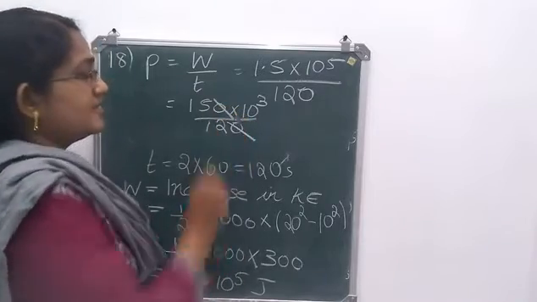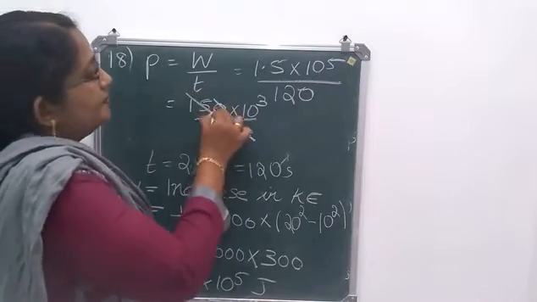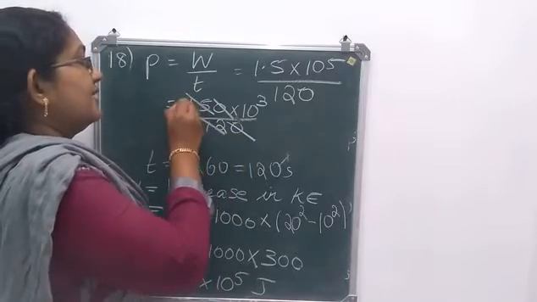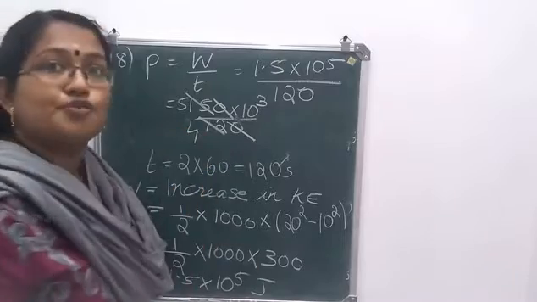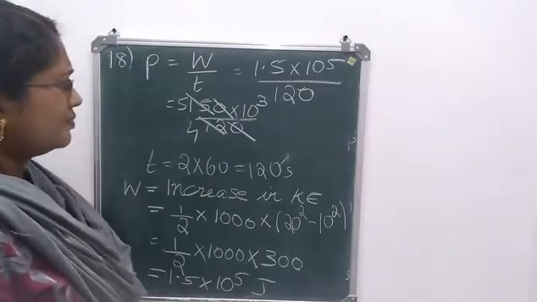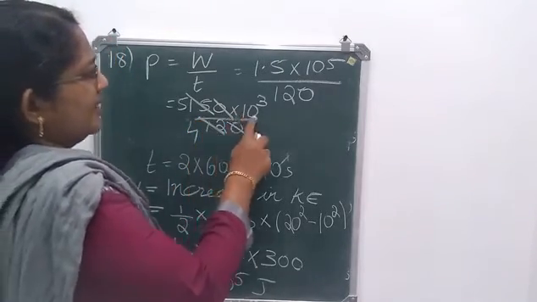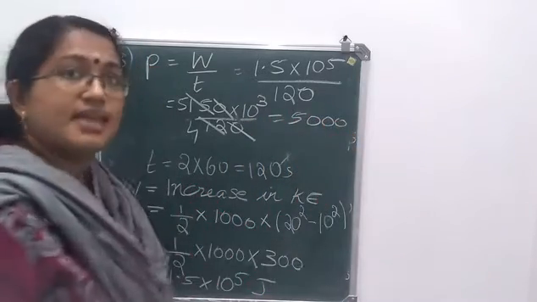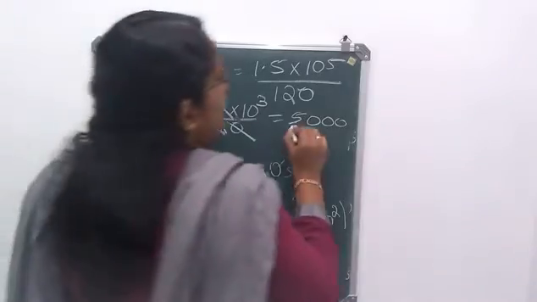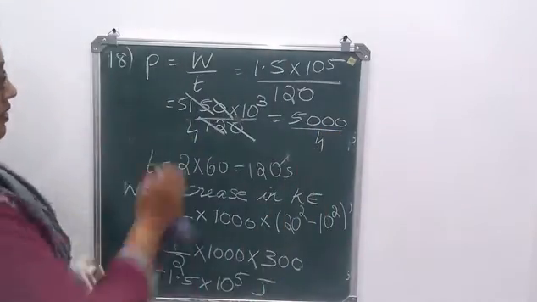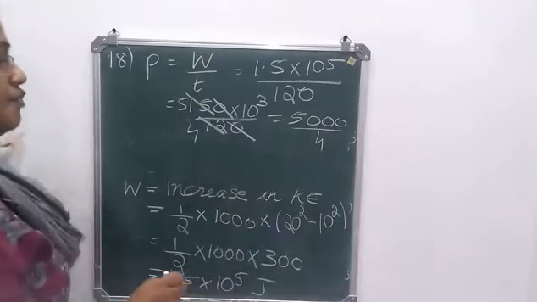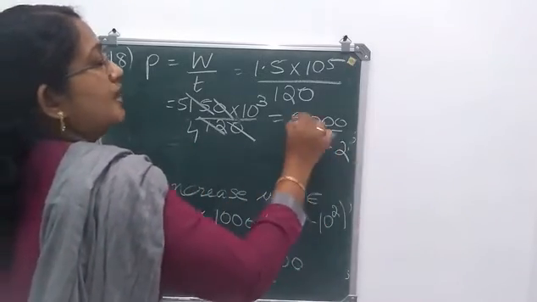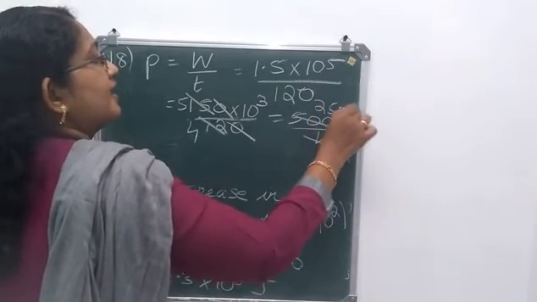0 and 0 get cancelled. When you divide 15 and 12 by 3, how much will we get here? Here it is 5, here it is 4, isn't it? Now, 5 into 10 raised to 3 means it is actually 5000. 5 into 10 raised to 3 divided by 4. 5000 divided by 4. When you cancel it with 2, here it will be 2500.